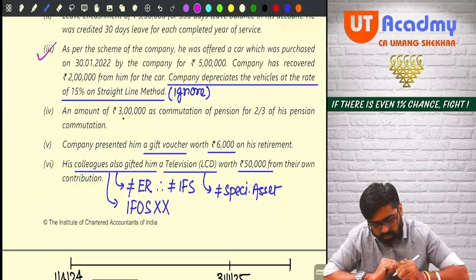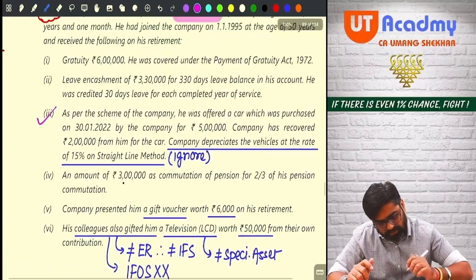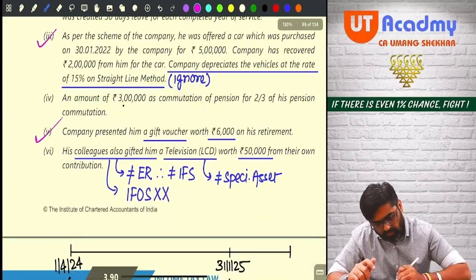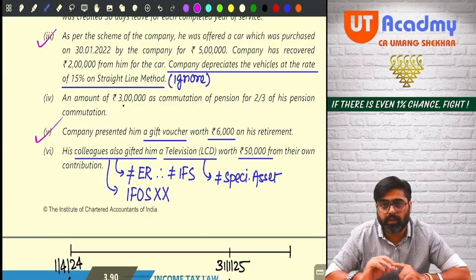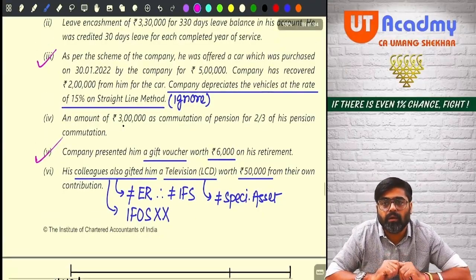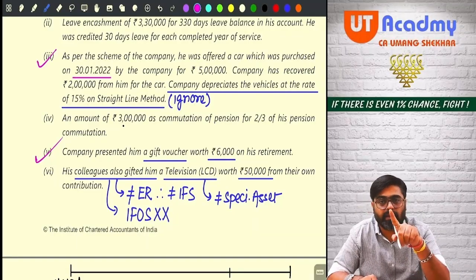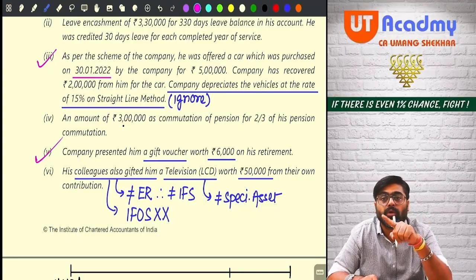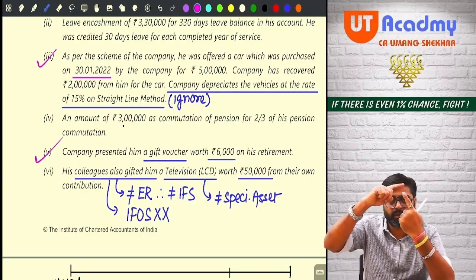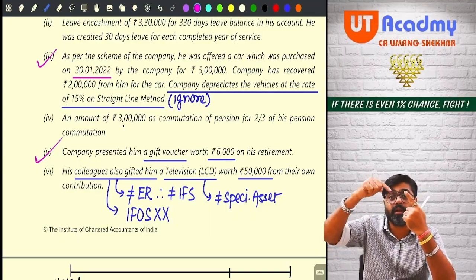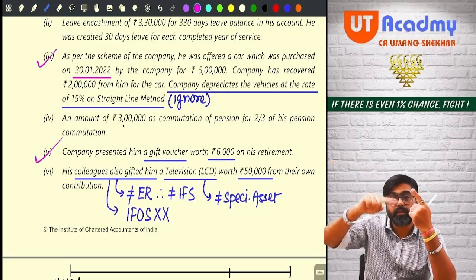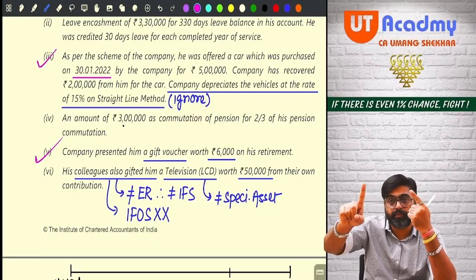Adjustment number 3. I have already completed adjustment number 5, now I am on adjustment number 3. They are saying that the cost of the car was 5 lakhs. This car was purchased by the employer on what date? 30th November 22. Now please pay attention. 30th November 22 to 30th November 23, 1 year of use. 30th January 22 to 30th January 23, 1 year of use.